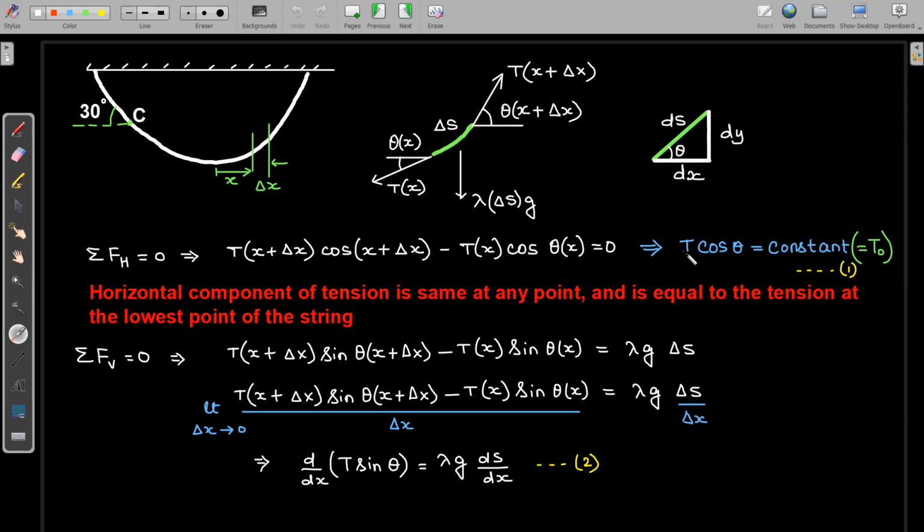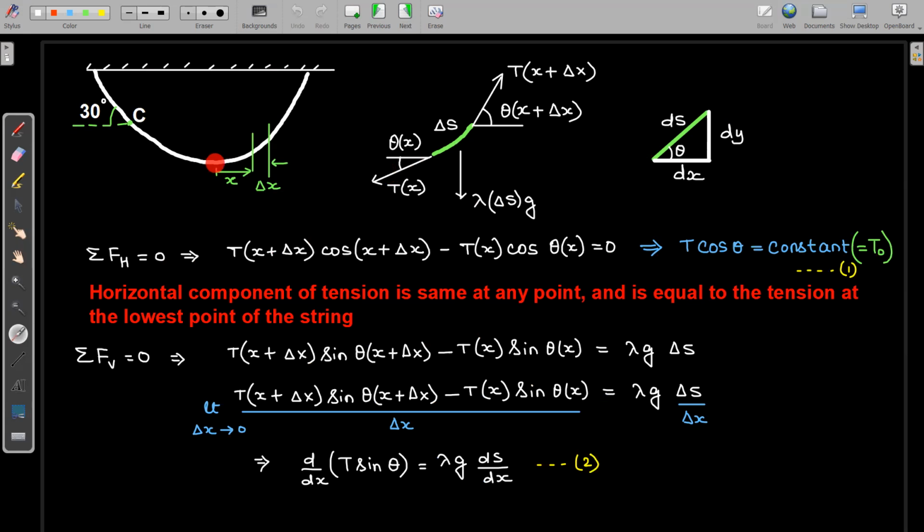So T cos θ, where T is the tension at any position and θ is the angle that the tension vector makes with the horizontal, should remain constant, and T cos θ represents the horizontal component of tension at any point.